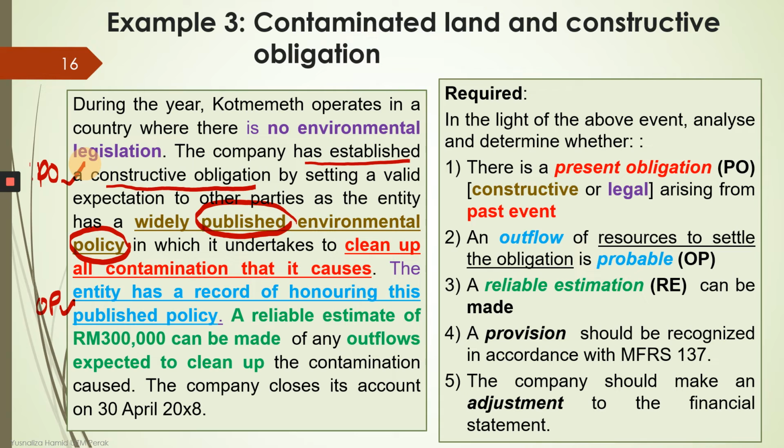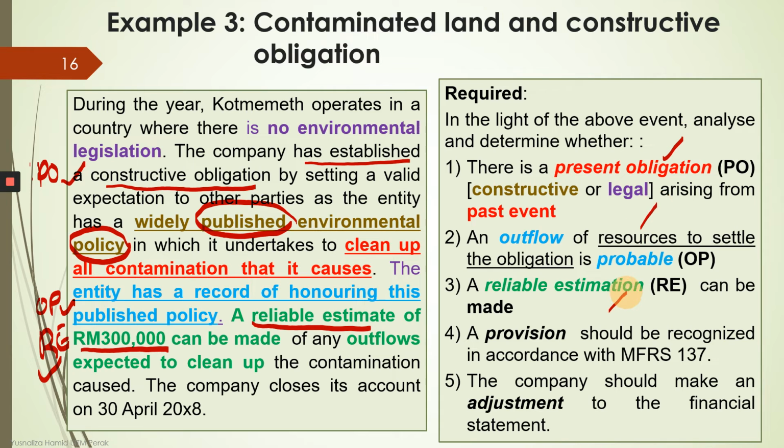The third one is to check whether there is a reliable estimate. Yes, there is a reliable estimate of 300,000. It can be made maybe based on the information or the views of the directors together with the experienced legal advisor, and they say it's 300,000 that you need to spend to clean up the environment, to clean up the contamination costs. So all three are being fulfilled. So of course, you need to check this.